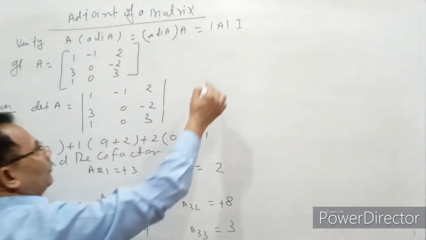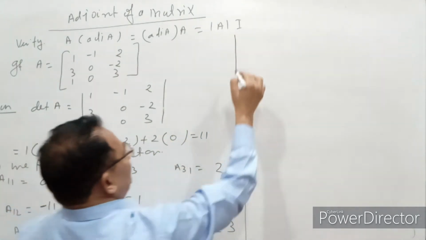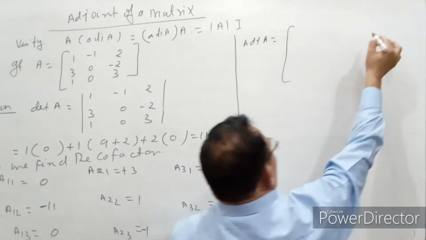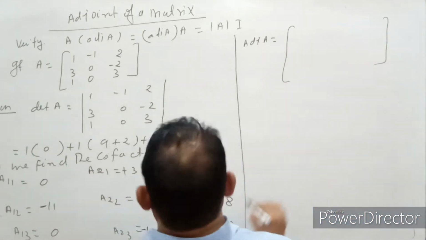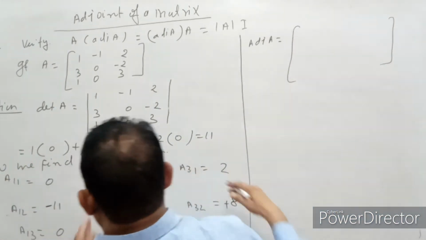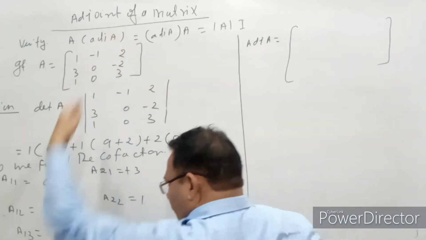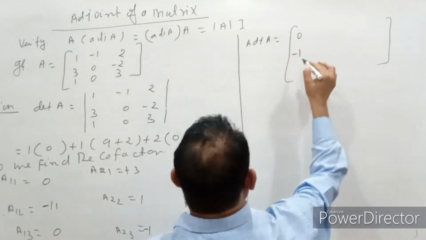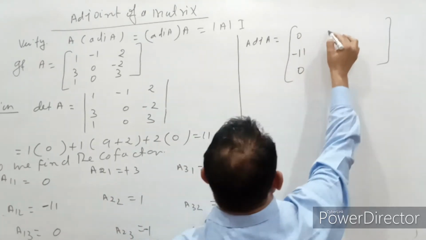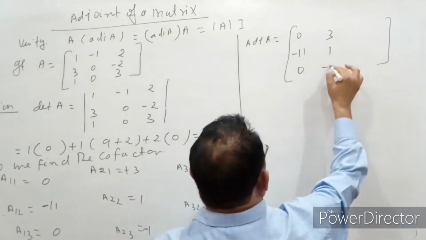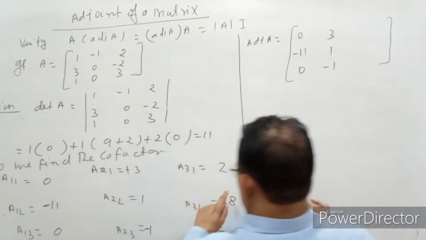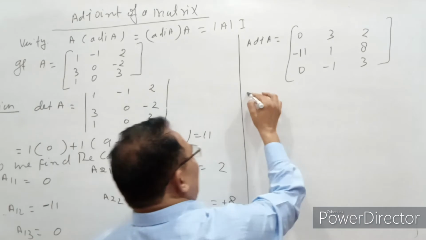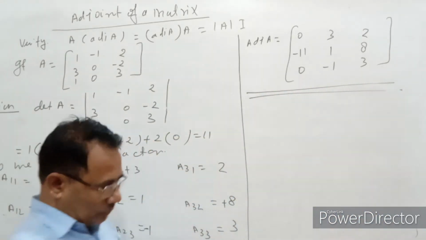So therefore we write the value of the adjoint of A, or adjoint of A is the transpose matrix of the cofactor. देखिए ये आपका फर्स्ट रो थी, और फर्स्ट रो की कोफैक्टर हमने लिखे कॉलम में, तो दिस इज 0 -11 0, that is 3 1, or -1, or that is 2 8 3. So this is the value of the adjoint of A.